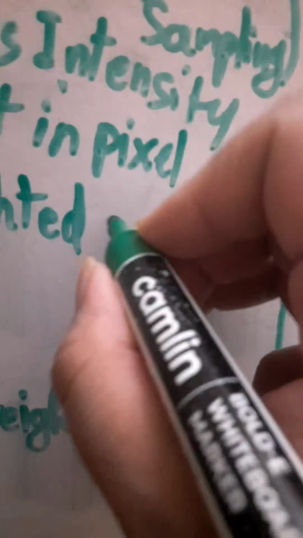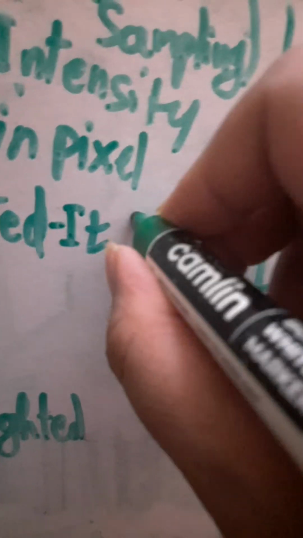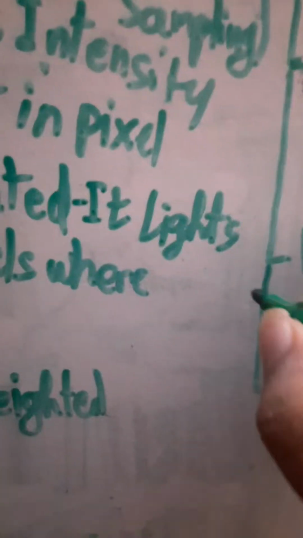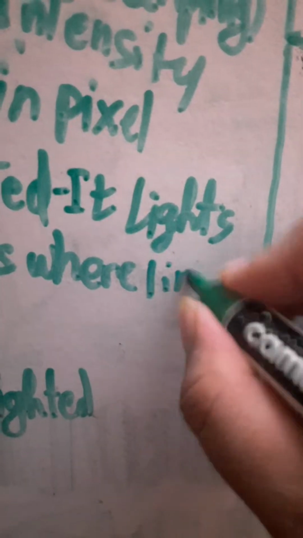Okay, so what happens in unweighted is it lights up pixels where lines pass through.